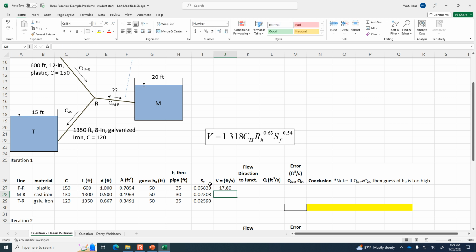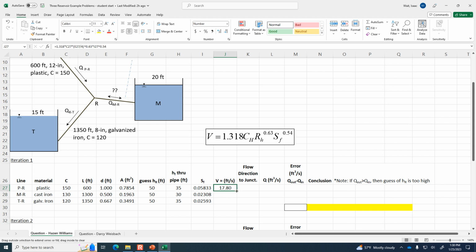Okay, so the water velocity will be 17.8 feet per second if, the big if that all of this hinges on, there's 15 feet of head at location R. We don't know yet whether that's a good guess or not. We're going to evaluate the quality of that guess in just a moment. But so far we've got the velocity based on this contingency.